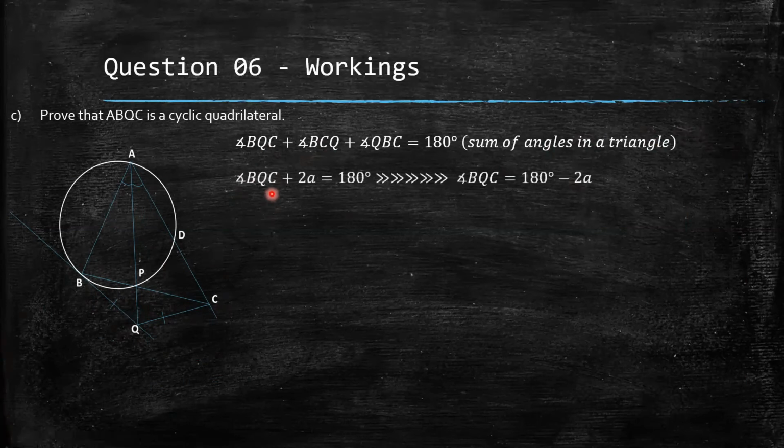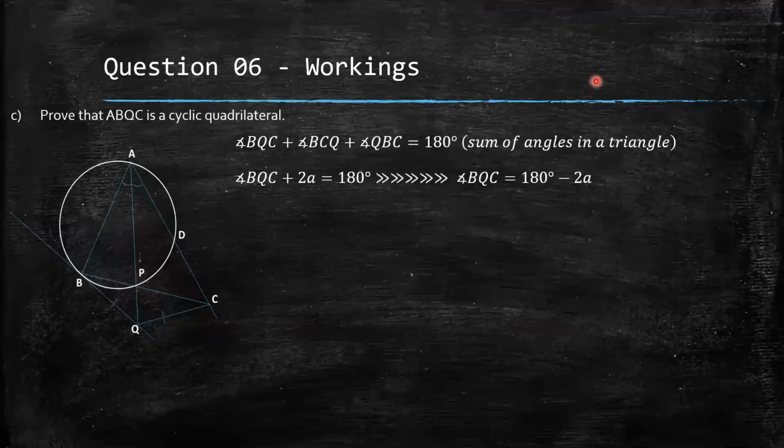Therefore, BQC, that is the angle which is included in the cyclic quadrilateral, is equal to 180 minus A minus A. So it will be 180 minus 2A.